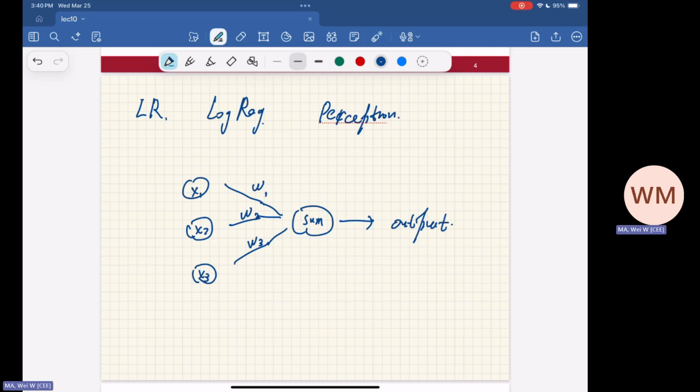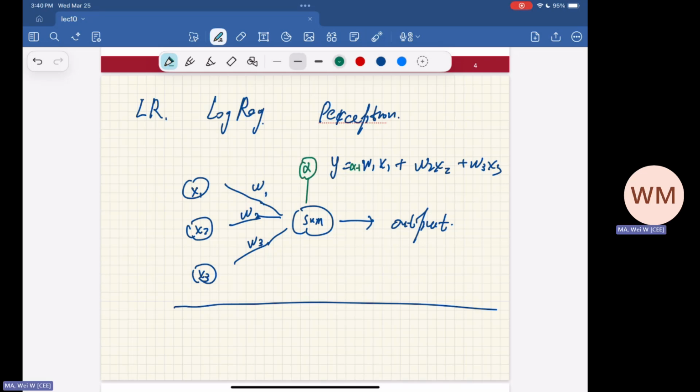So linear regression is y equals W1 x1 plus W2 x2 plus W3 x3. Of course, sometimes you have a bias alpha, and then you just put alpha here. This is linear regression.